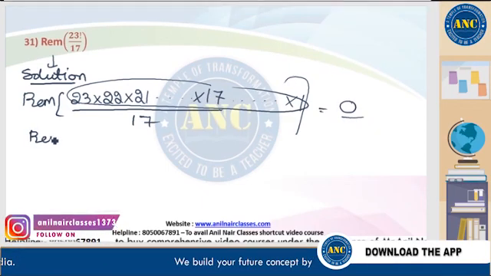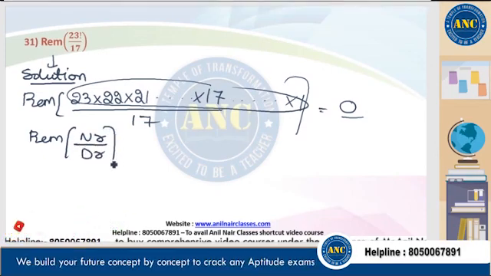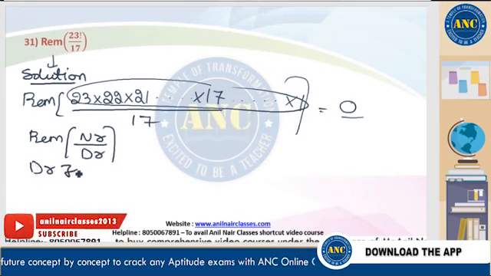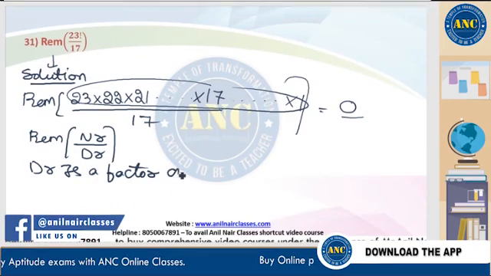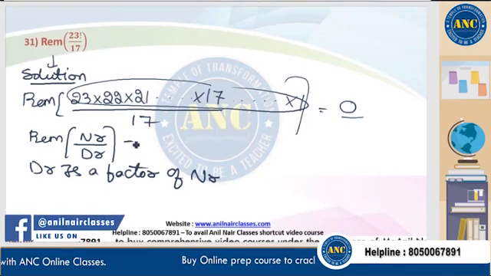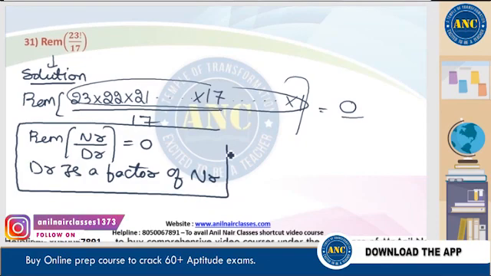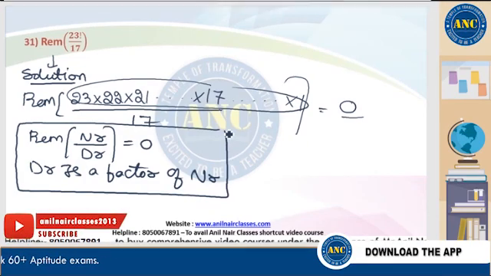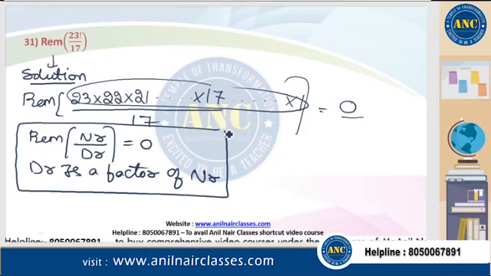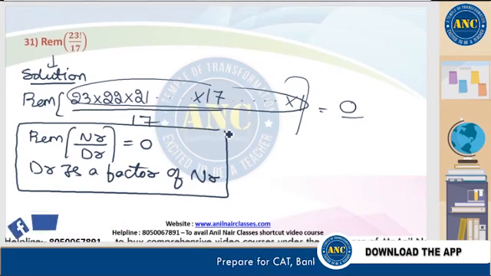Because in this question, the denominator is a factor of the numerator. If the denominator is a factor of the numerator, the remainder will be 0.